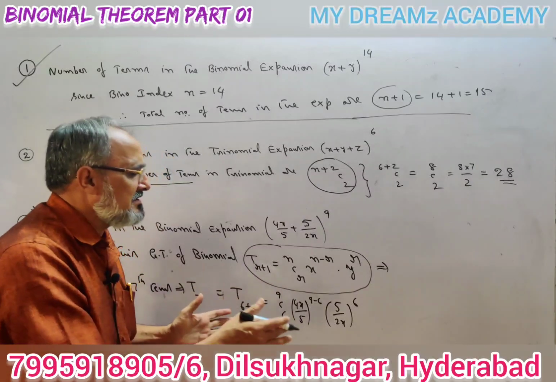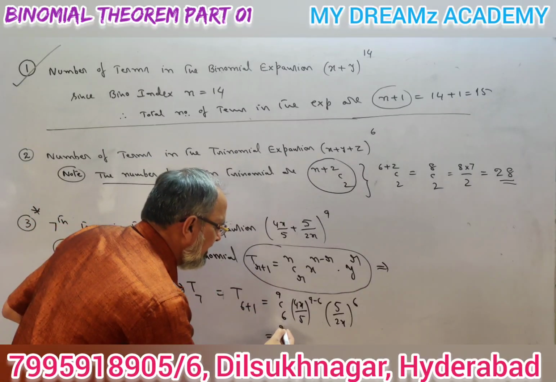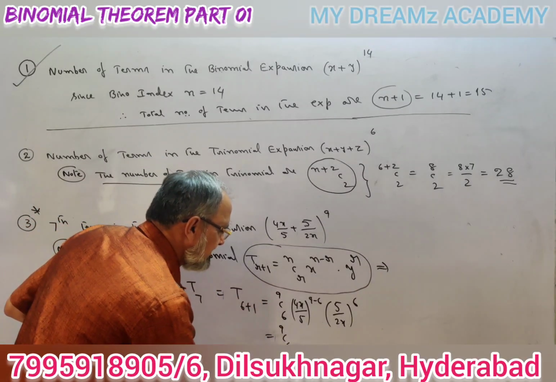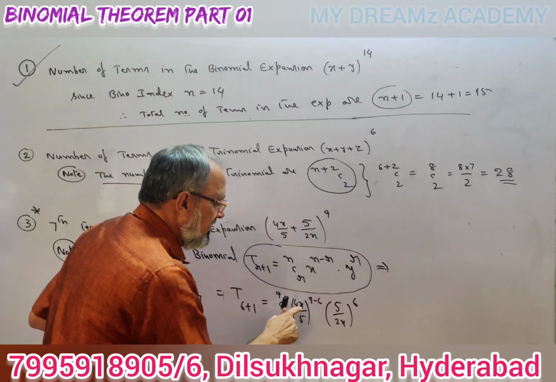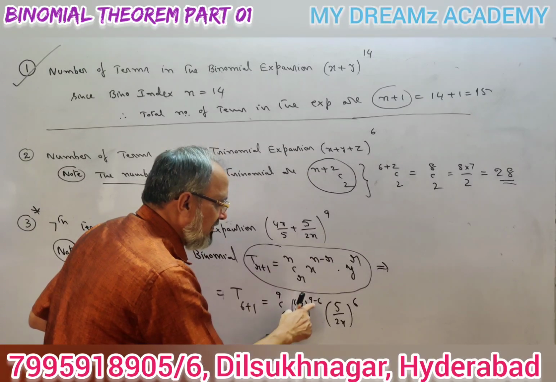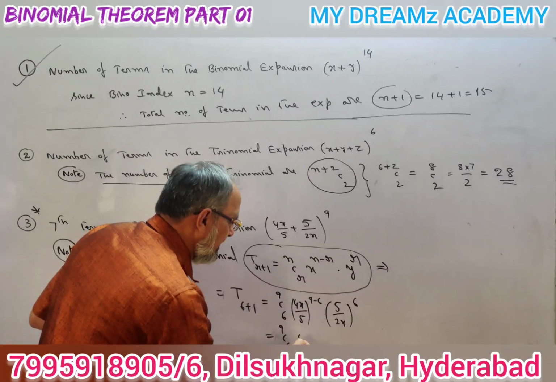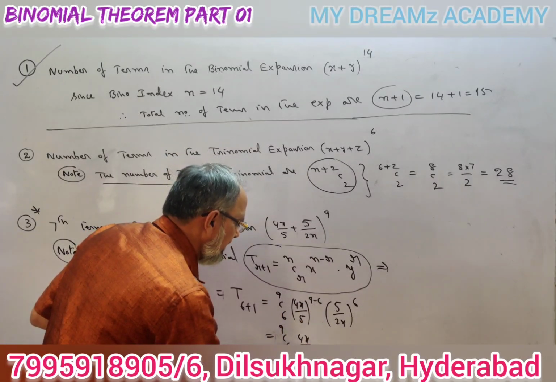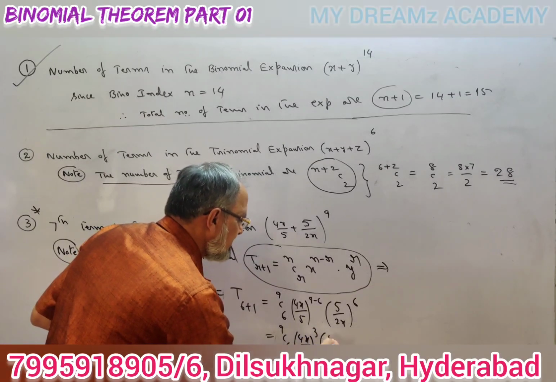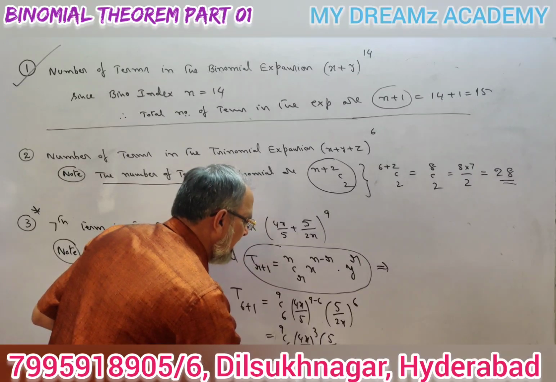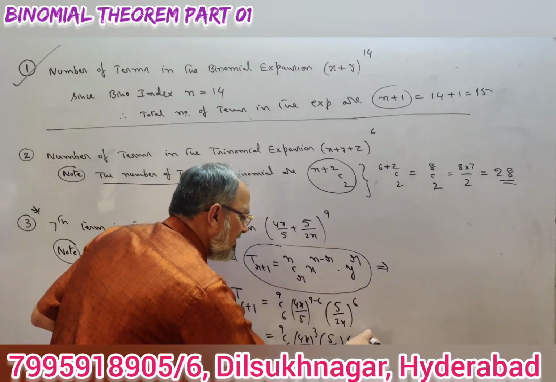You can keep 9C6 as it is. Now (4x by 5) whole to the power of 3 will be coming, and the rest remains the same. You can stop here or simplify.